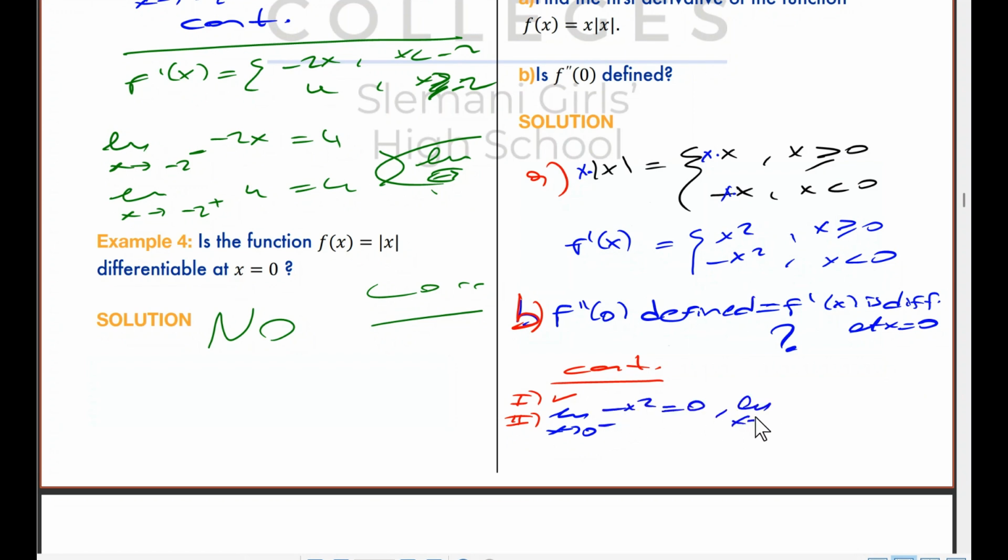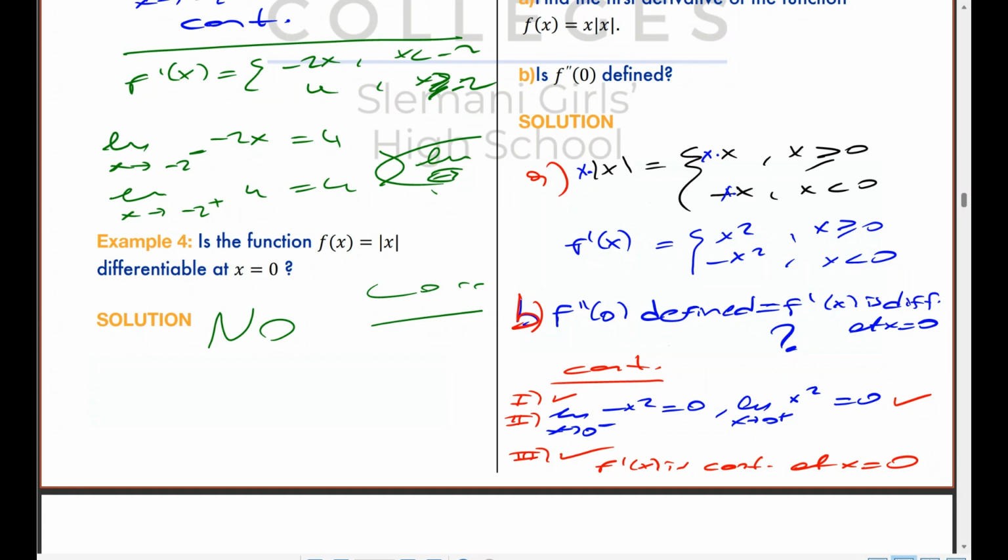And limit as x approaches 0 from the right, whose function is x squared, substituting 0 gives you 0. So the right-sided limit equals the left-sided limit. Last condition, the value of the limit is 0 and the value of the function is also 0. So the third condition also checks. Then the function is continuous. What function? F prime of x is continuous at x equals 0.